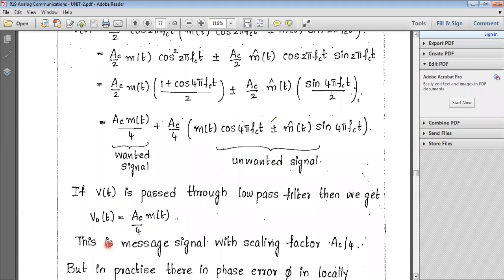In our block diagram, the output of the low pass filter is considered as V naught of t. Therefore, V naught of t is equal to Ac by 4 into m of t. This is our message signal m of t with the amplitude of Ac by 4.